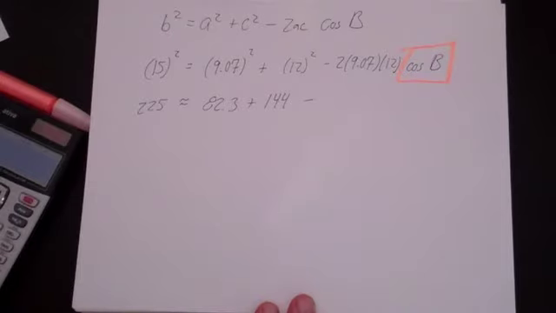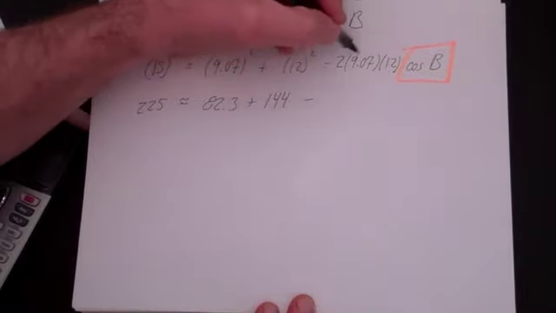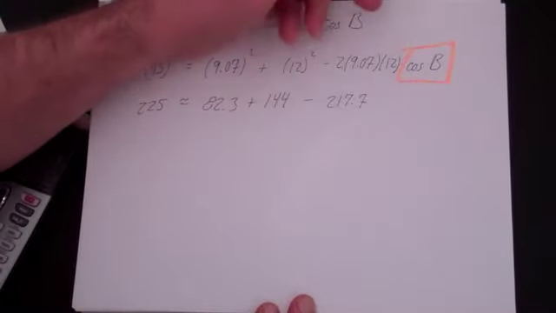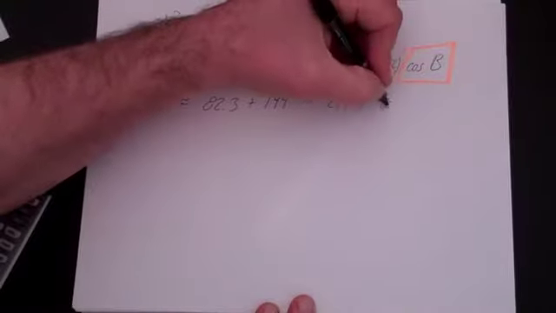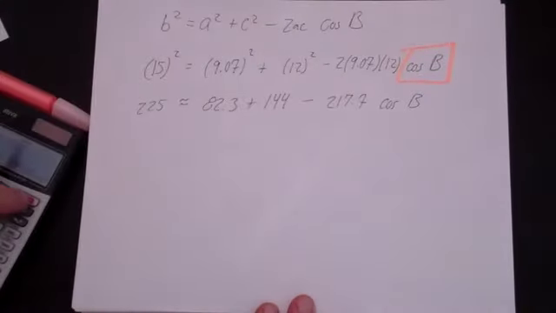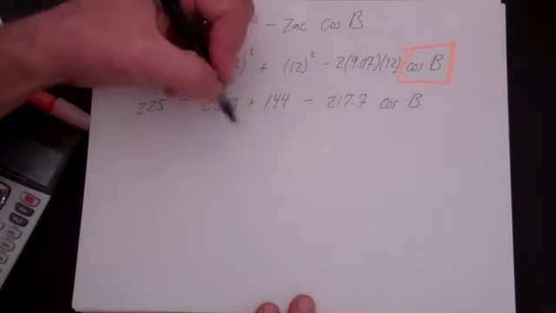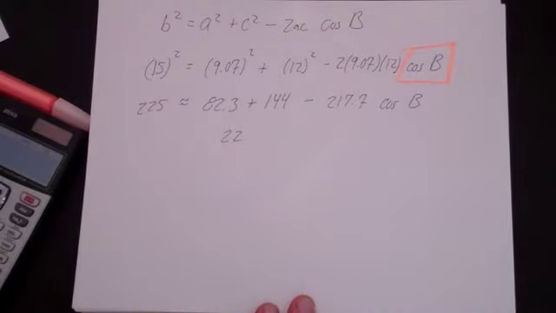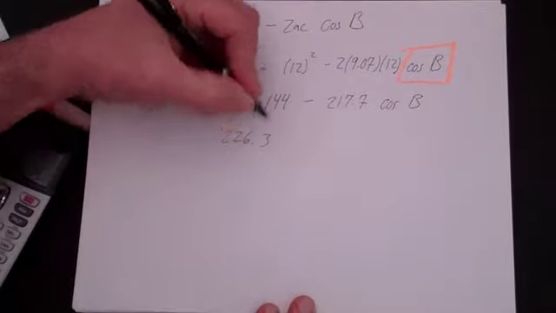That's 9.07 times 12 times 2, and that's about 217.7. And then cosine B. I'm going to add those two together. That's 226 roughly. Let's try that again, make sure I did that right. 226.3.